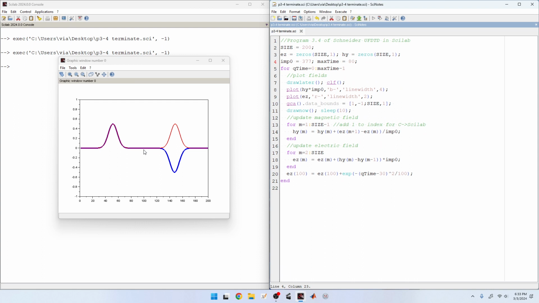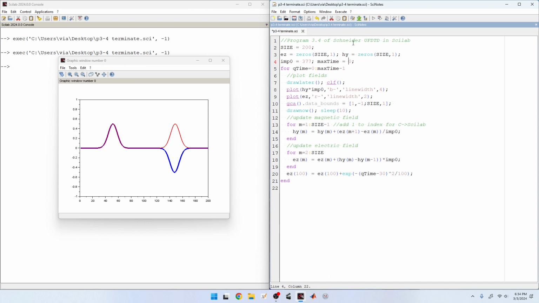Remember that if the field is propagating to the right, the algebraic signs of the Ez and the Hy are opposite, like shown here. And if it's propagating to the left, they're the same. And when we do the plotting, recall, we're plotting Hy times the impedance of free space. So that makes the magnitudes of the E and the H the same on this plot.